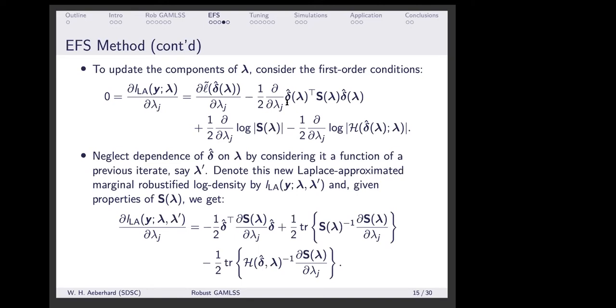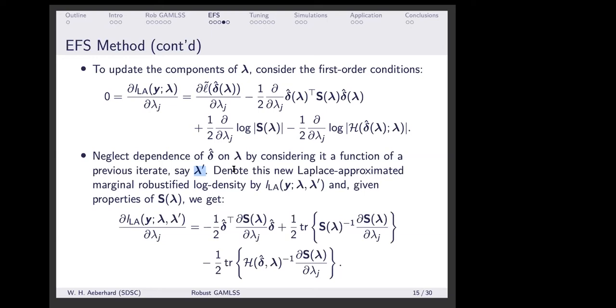What we're going to have now are two versions of lambda. One version which comes from the previous iteration, which I'll denote by lambda tilde. So it's not a derivative, it's just a fixed value of lambda here. So this value is inactive. And then there is the current value of lambda, the one I'm using to do the update, or towards which I'm getting the update.